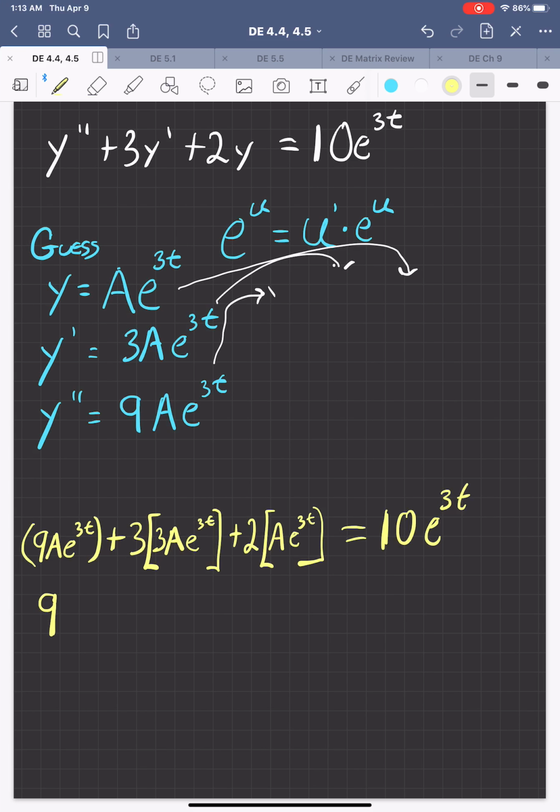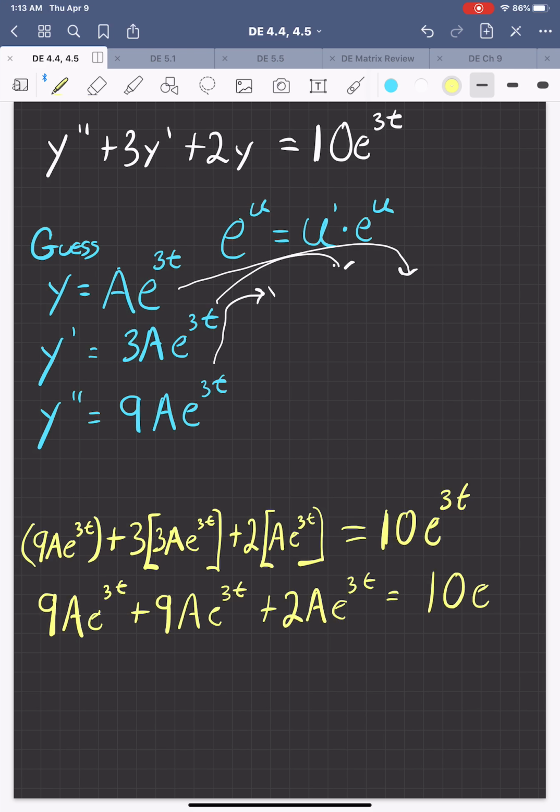This is going to be just 9a e to the 3t. If I distribute my 3, this is going to be plus 9a e to the 3t. And if I distribute my 2, that's going to be plus 2a e to the 3t. Right? And that still has to equal 10e to the 3t.